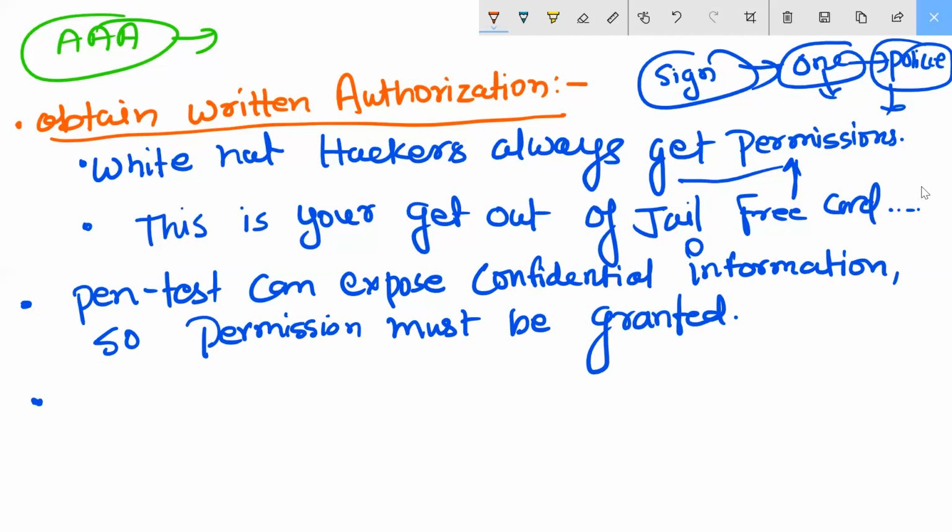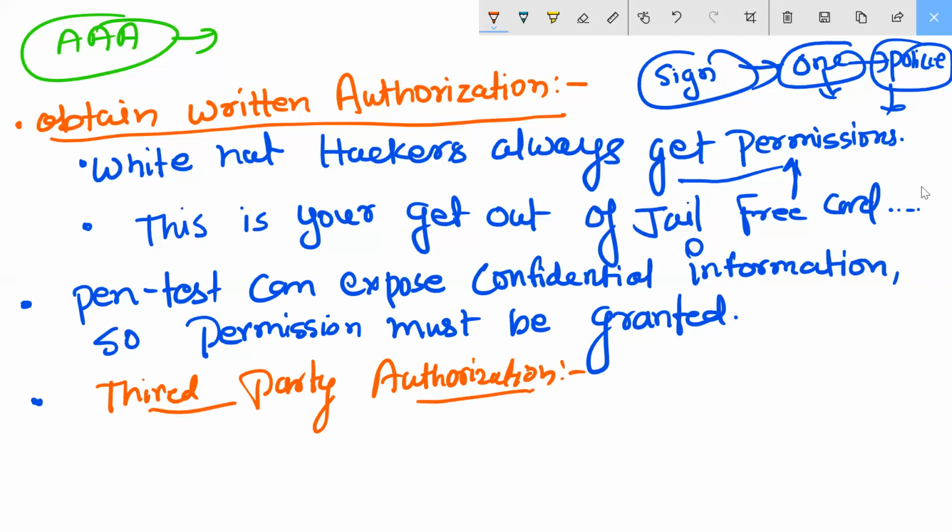Okay. Next is coming your third party authorization. What is happening? Third party authorization.